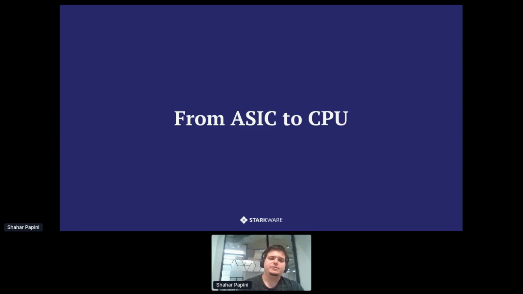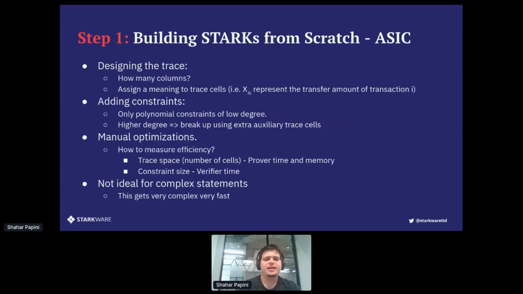All right, so now we can start the journey we had from the ASIC version to CPU. So how did we build Starks at the beginning? We built them pretty much from scratch. We needed to design the trace. We thought about how many columns we needed, assigned some meaning to each trace cell, what it represents, and then we needed to add constraints.